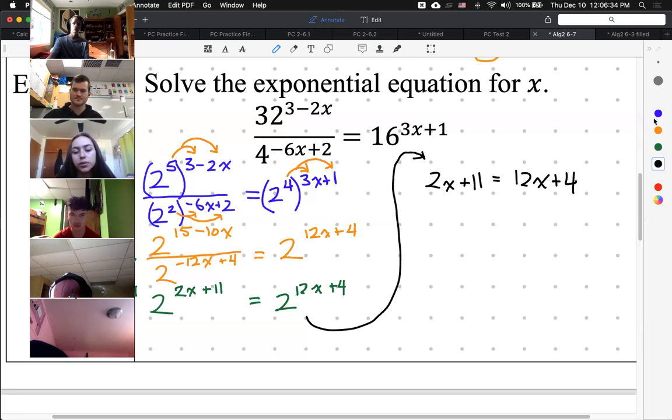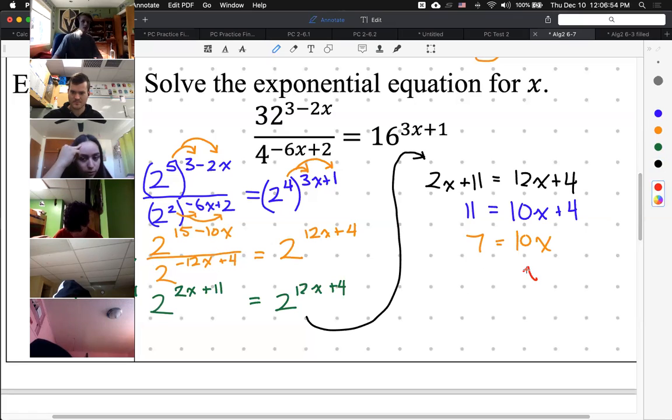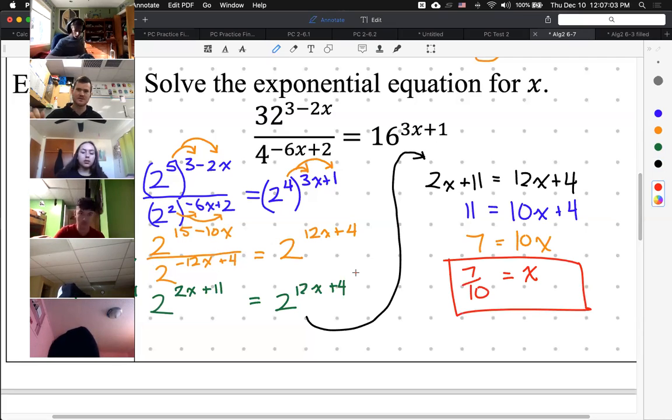You're going to subtract 2x from both sides, leaving you with 11 equals 10x plus 4. You're going to subtract 4 from both sides, leaving you with 7 equals 10x, and then you're going to divide by 10 on both sides, and you're going to get 7/10. Perfect. There it is. 7/10.